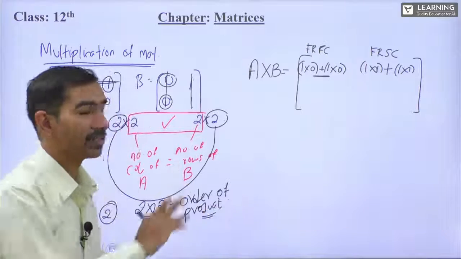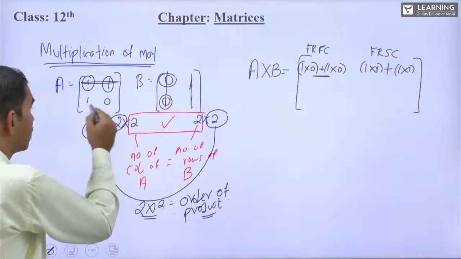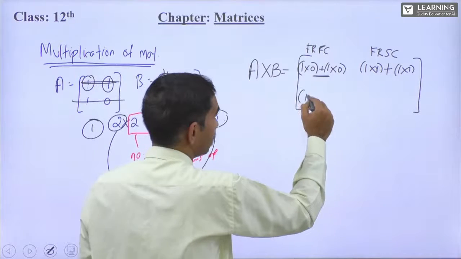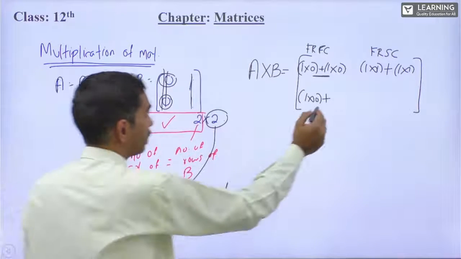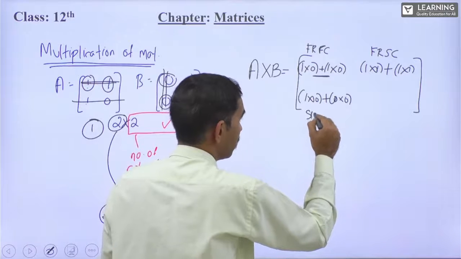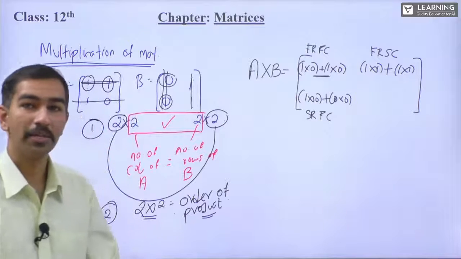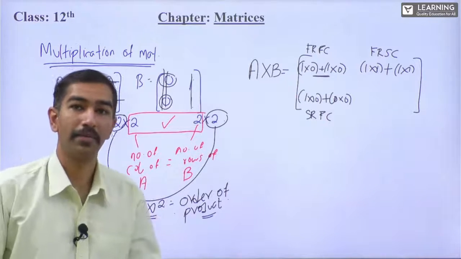Next, how to get the third element? Go to the second row, students. Second row, first column, 1 into 0 plus 0 into 0. Second row, first column is giving us the third element in the product of matrices.